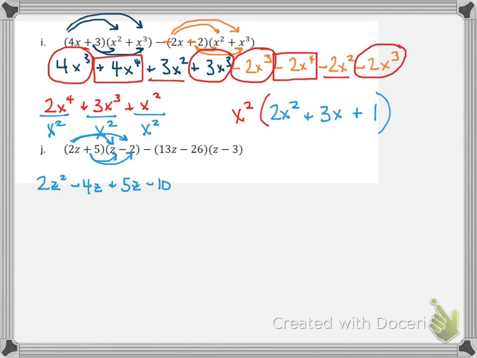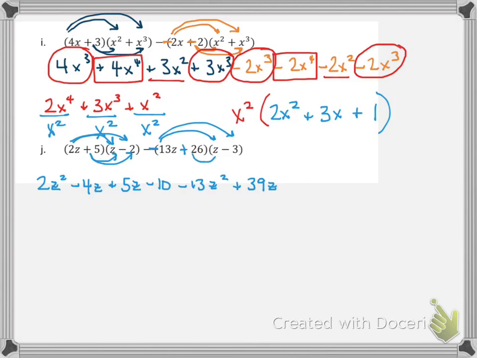This negative means I need to change everything in here to its opposite. So positive 13 becomes negative 13. Negative 26 becomes positive 26. And now I can distribute. Negative 13z times z is a negative 13z squared. Negative 13z times negative 3 is a positive 39z.